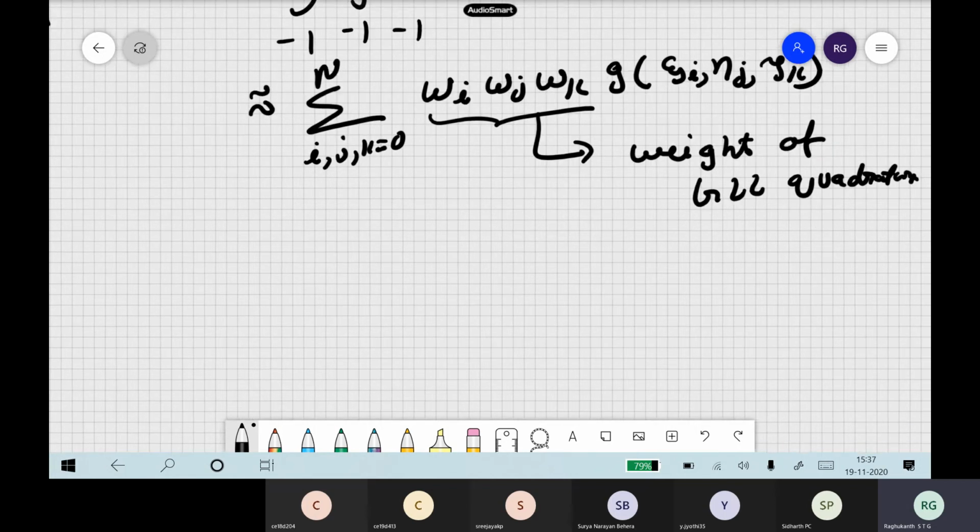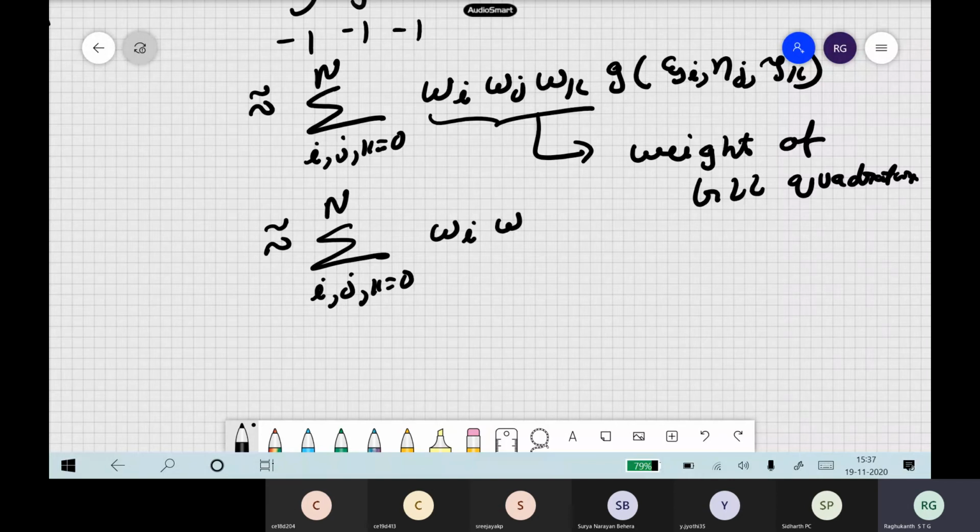And if you want to write the same expression nicely, the sum from 0 to n of wi, wj, wk, g i j k. So this is how we write the integration scheme.